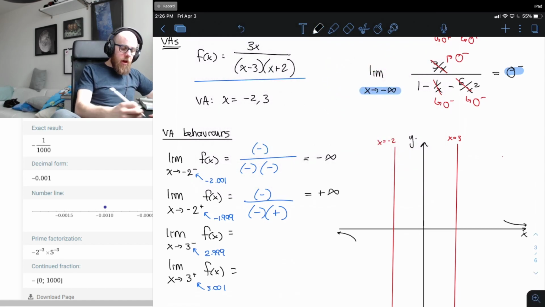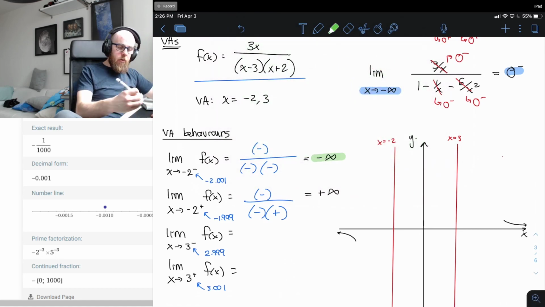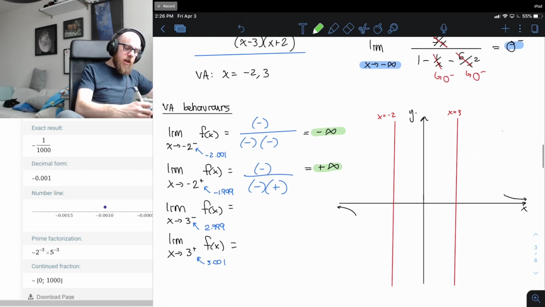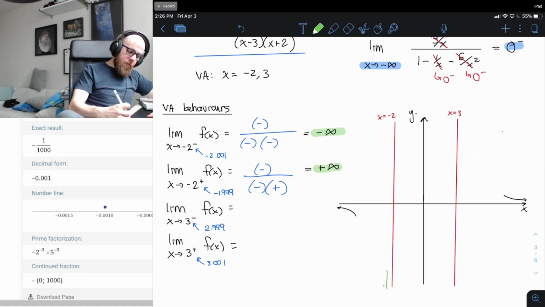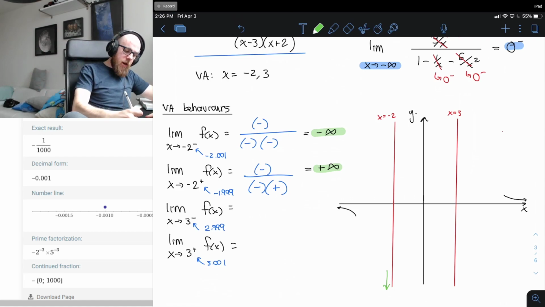Okay. Now I can update my graph with the new info that I found with these two limits. What this is saying is that as I approach my VA at -2 from the more negative side, this thing will shoot down to negative infinity. Now, as I approach my vertical asymptote from the slightly more positive side, it'll shoot up to positive infinity.